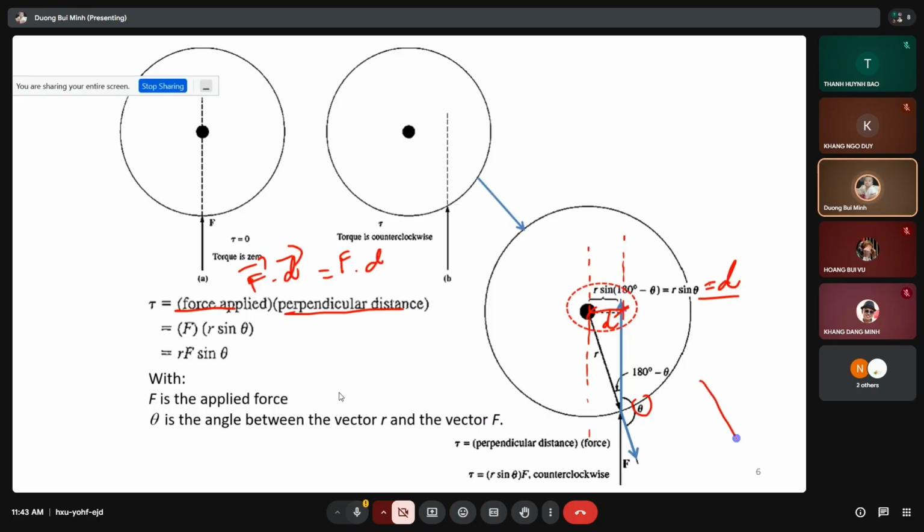This one is r and this one is F. We just translate F so that the tail of F is at the tail of r. So theta is the phase angle between r and F. This is theta, so this is 180 minus theta. And then you can get the distance: this is r sine (180 minus theta), so you get r sine theta.